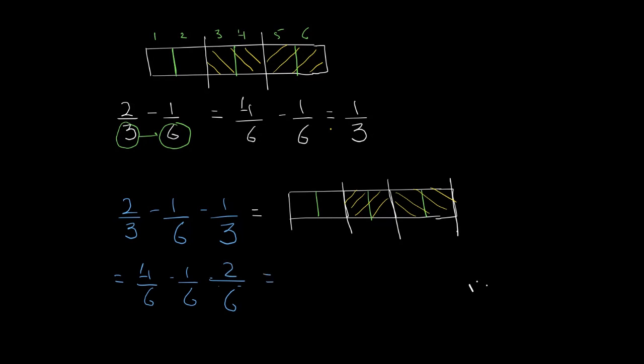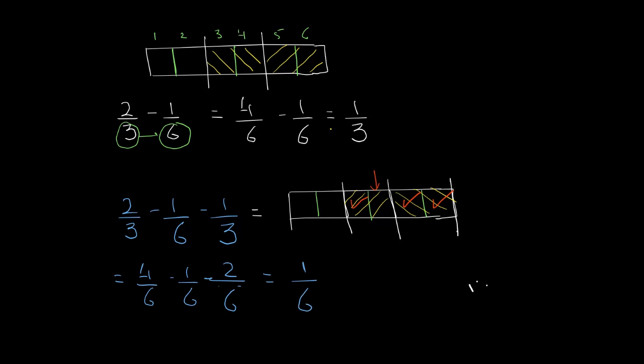And now you can see that I can start giving away pieces. So first I can give this piece away, the one that I've ticked. Then I give away two more pieces. So maybe I can give away these two pieces. And I'm just going to be left with this one piece. So the answer is going to be equal to 1/6.